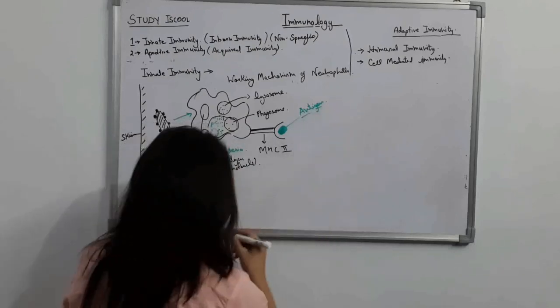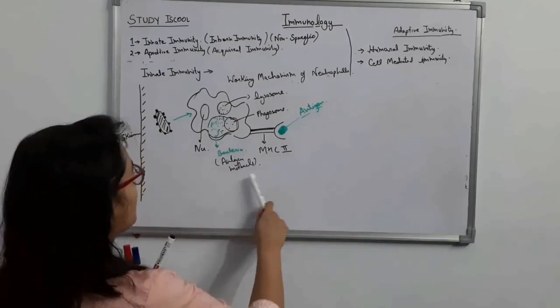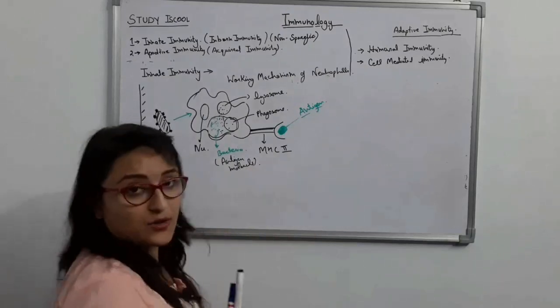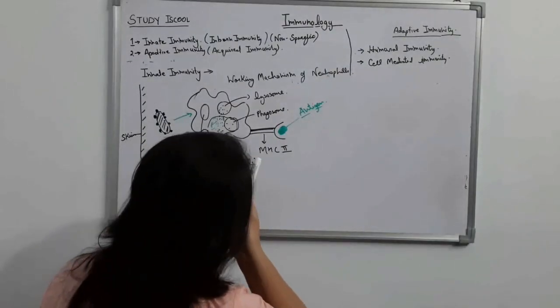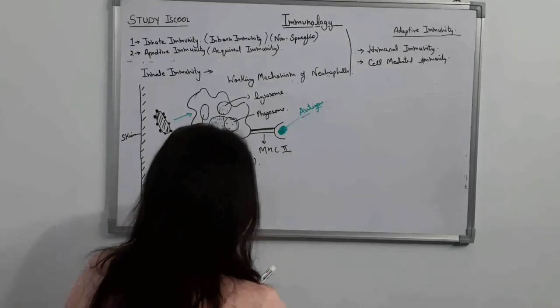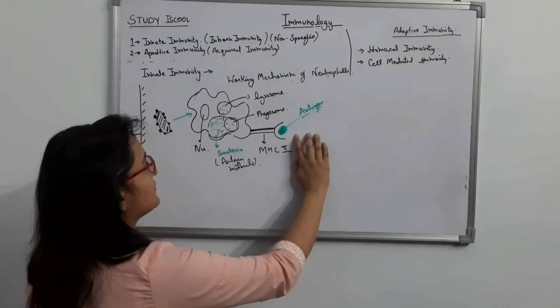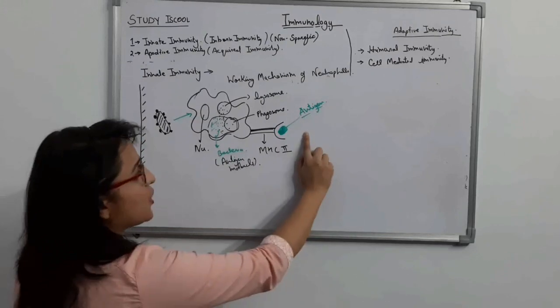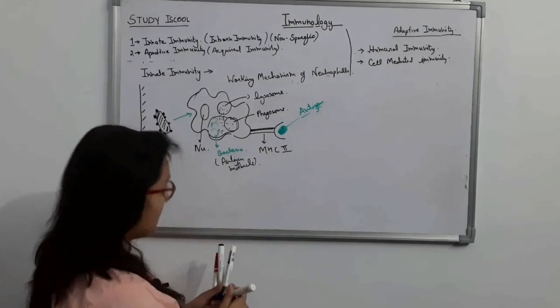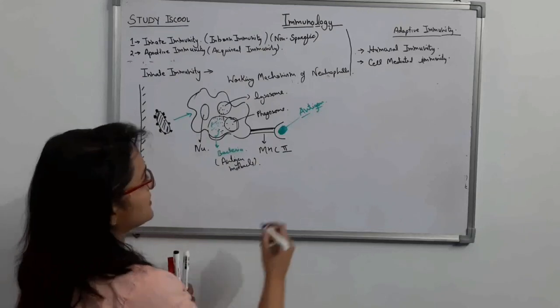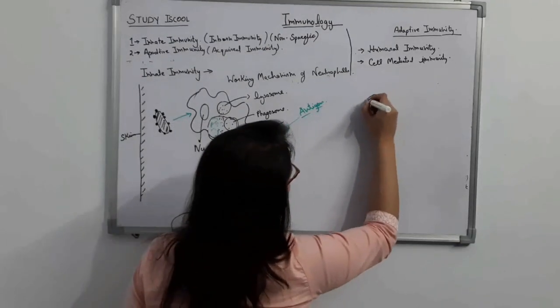Now, very importantly, a crosstalk between macrophages and T cells happens. This antigen is present at the top of the macrophage. So here is our T cell.